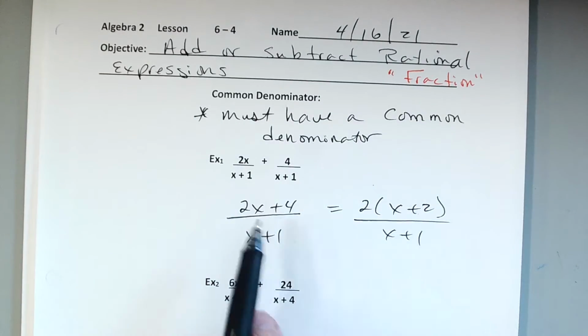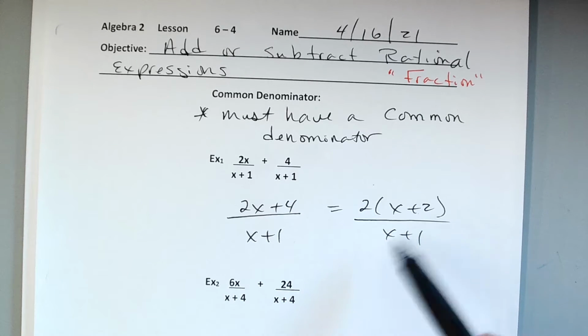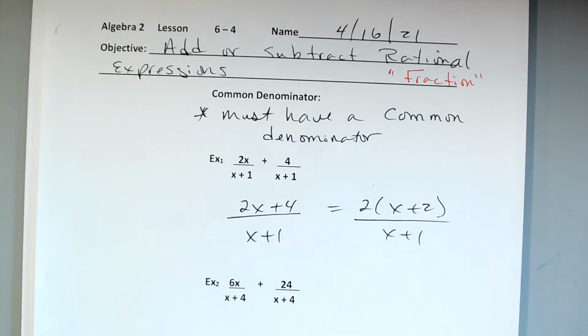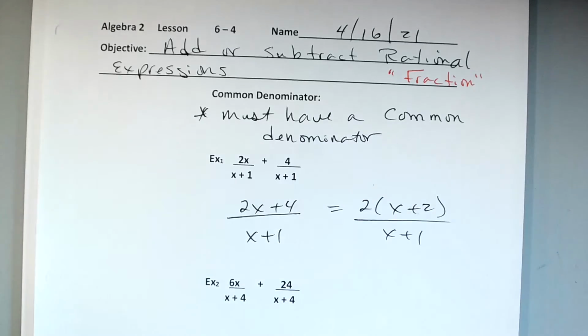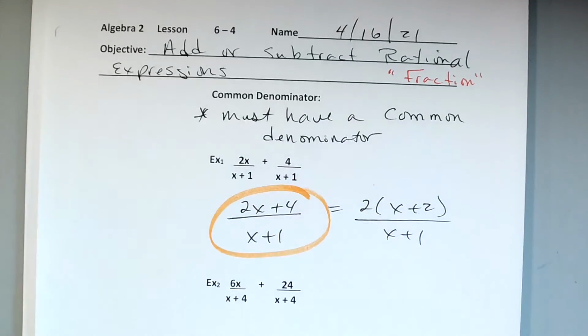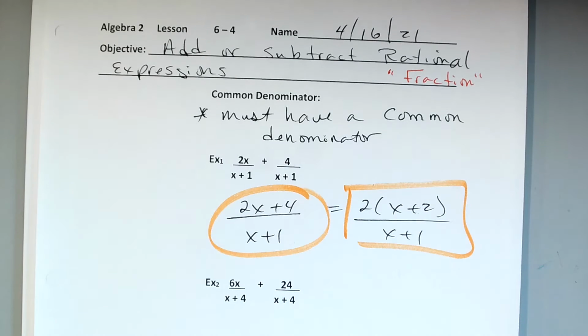So I did factor out a 2. Sometimes I want to do that because it'll cancel and make it better. In this example, it didn't really do that, so I could take either answer. This answer is fine without it being factored, or the factored form. But oftentimes, if we can factor and do something with it, then it's worthwhile.